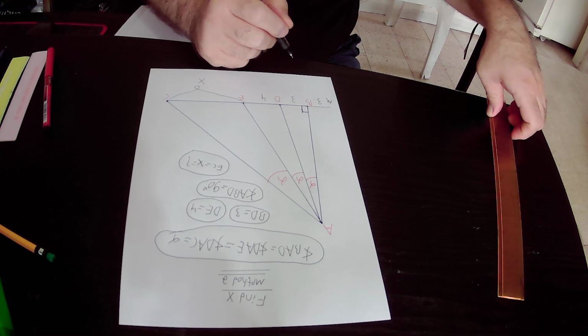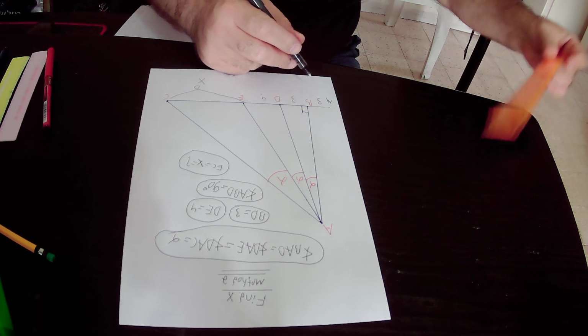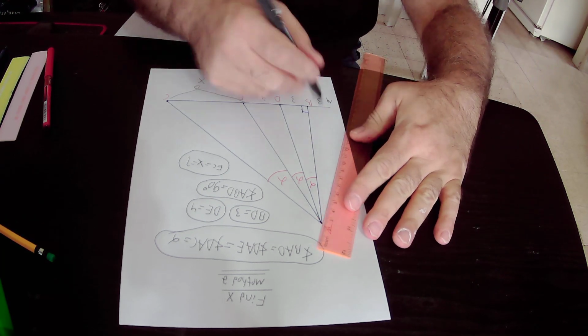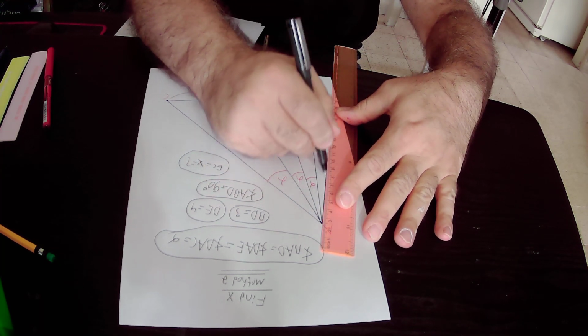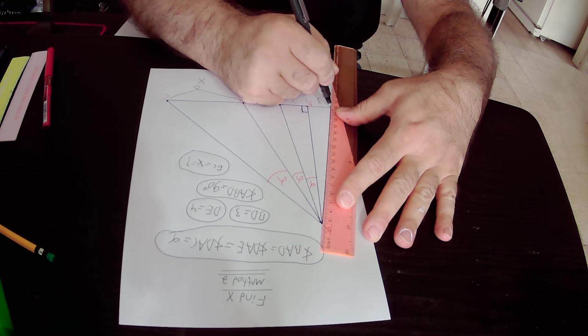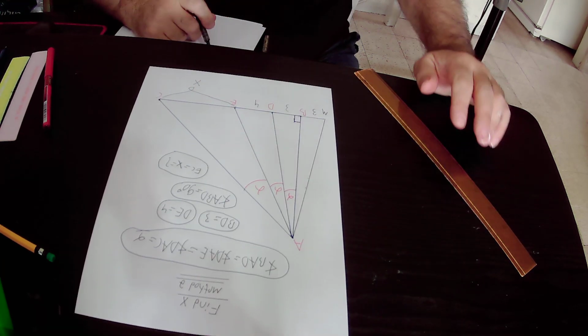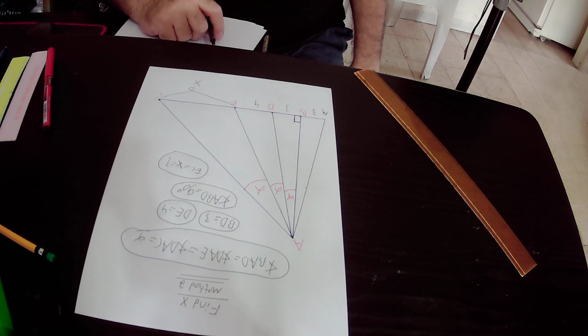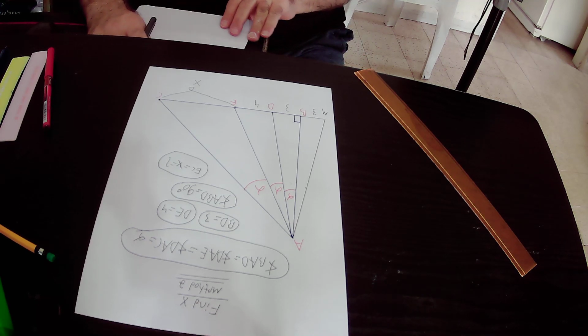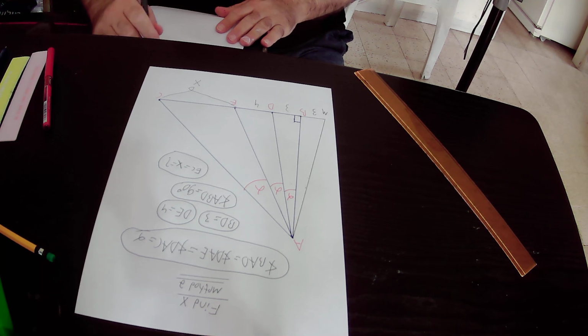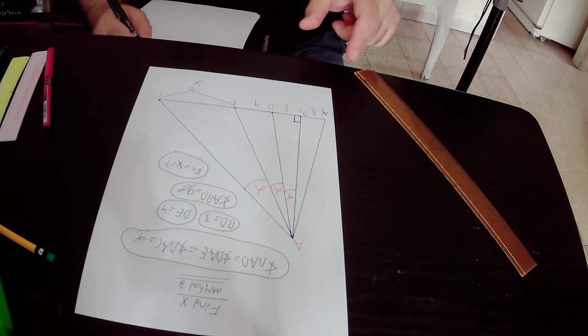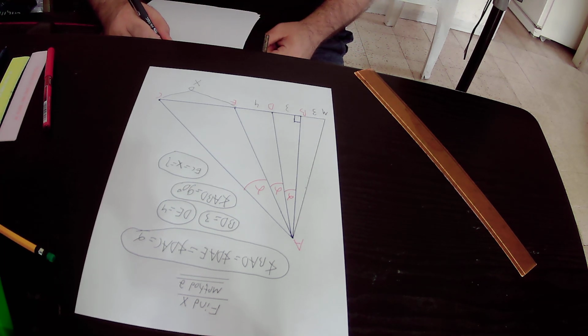And then we will join together points A and M by a straight line. And actually DM is a straight line.